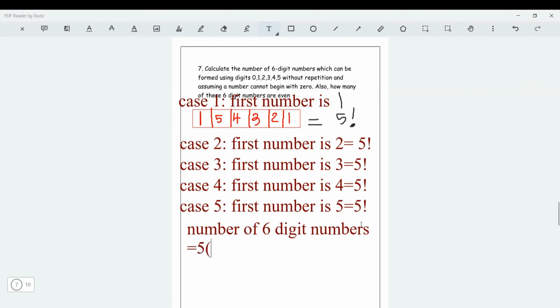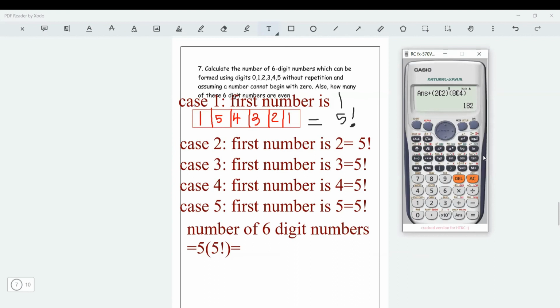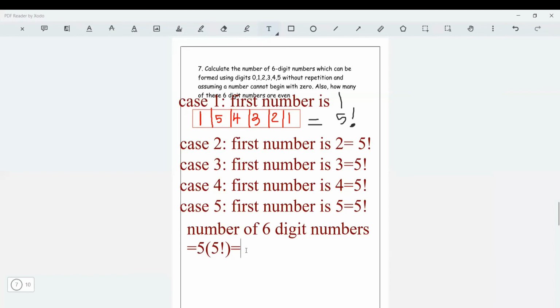I'm just going to write it as 5 times 5 factorial. That's the number of 6-digit numbers. 5 factorial is, I can't remember, so I have to work it out. 5 times 5 factorial is 600. Oh, didn't I remember it was 120?